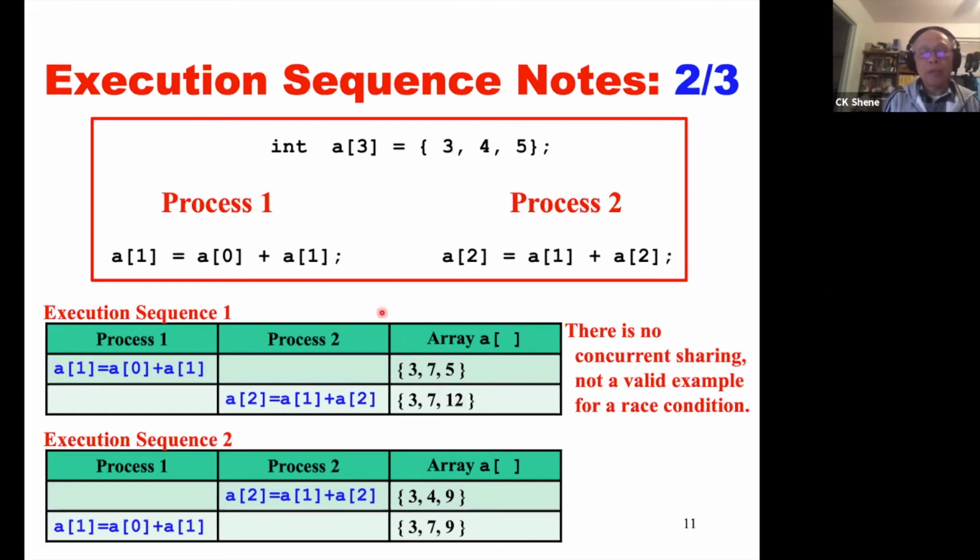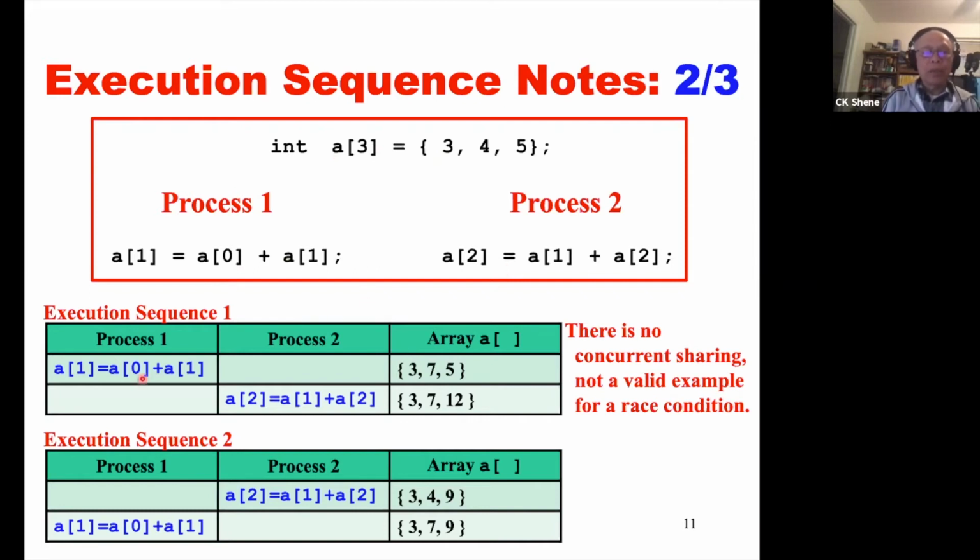Not so fast. Remember, the definition of race condition requires you to have two or more processes that share a common resource. But is this common resource being shared concurrently? I'm sorry, I have to tell you that no.